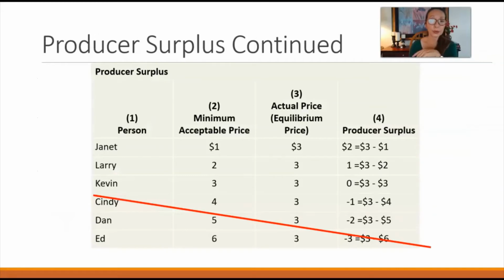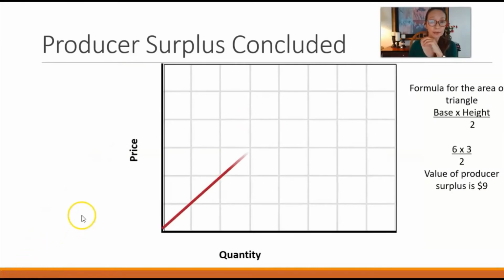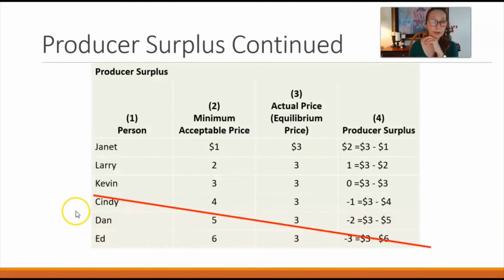So this shaded area here is the producer surplus for a firm. When we look at producer surplus for a firm, we can calculate this on an individual level. Here we have Janet, who is willing to produce the ice cream for $1, but the actual equilibrium price is $3. So Janet actually gets producer surplus.